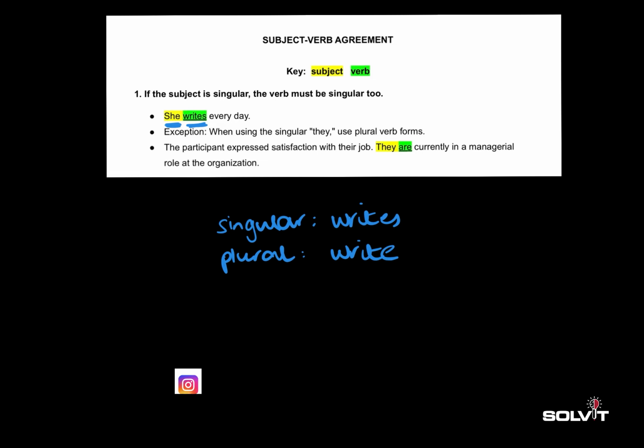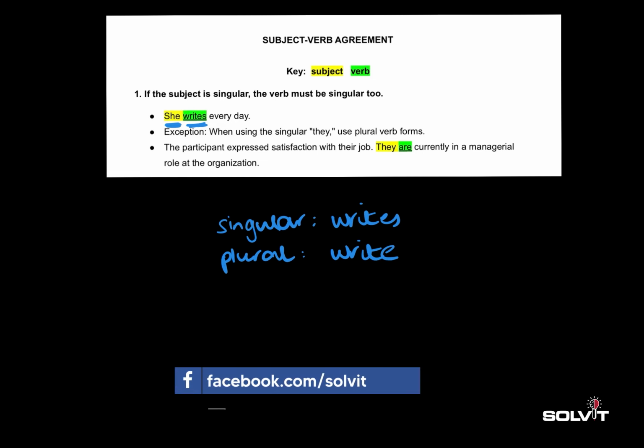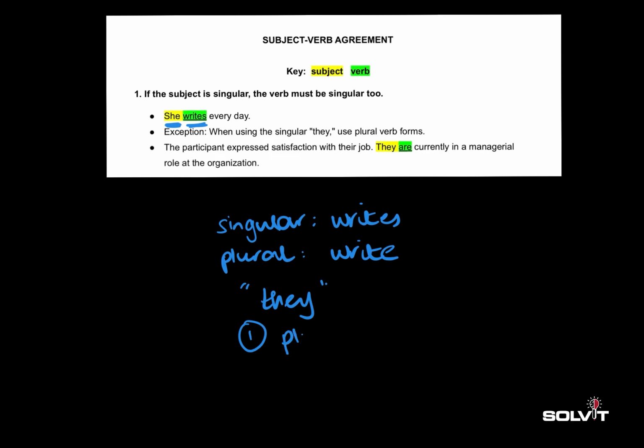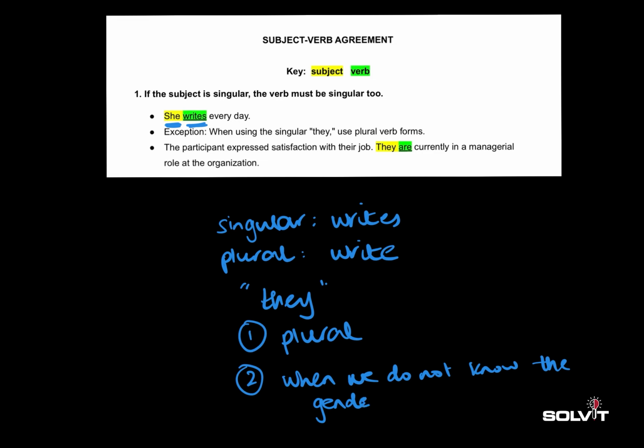Sometimes we use the word they in two different places. Number one, when our subject is plural. Number two, when we don't know the gender of our subject.